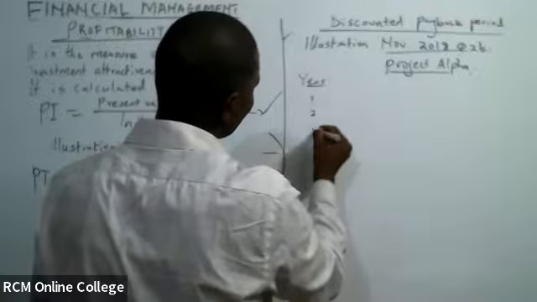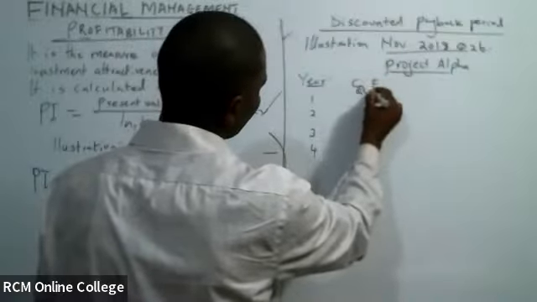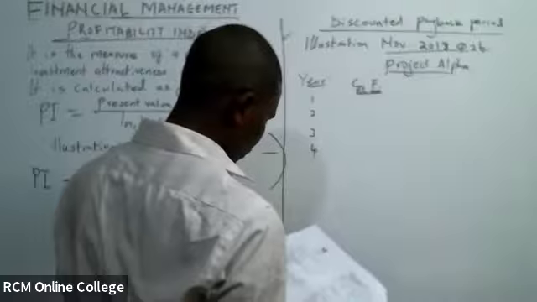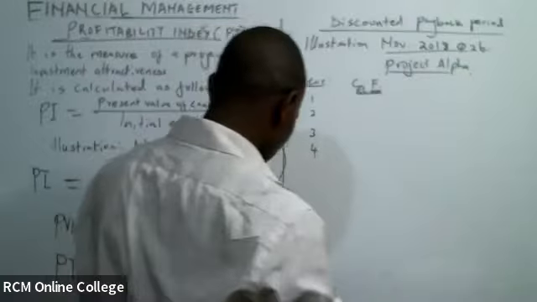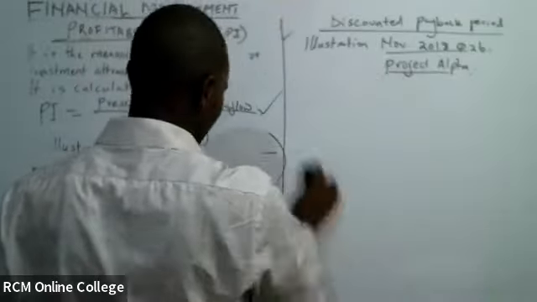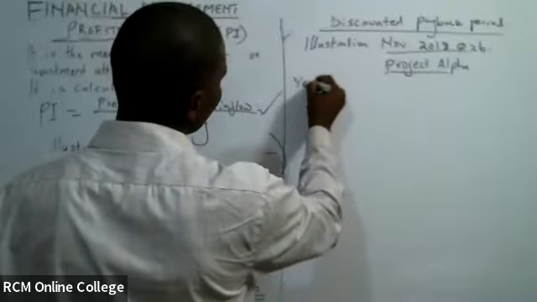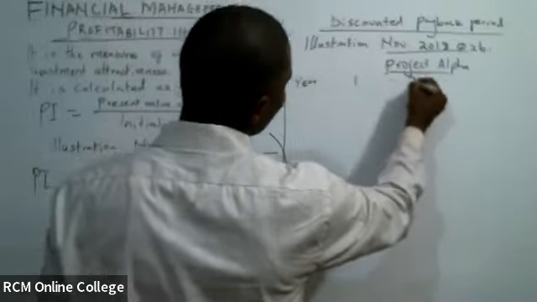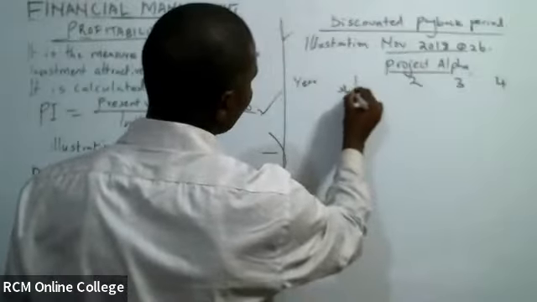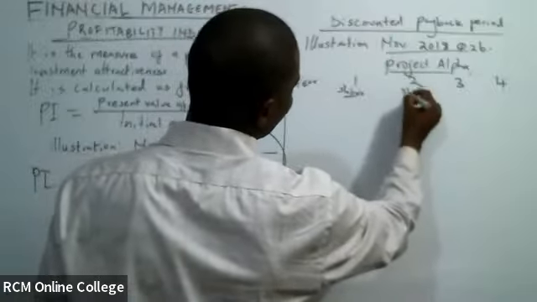Year 1, 2, 3, and 4. Then the cash flow here, in shillings 1,000. Let's use the other way. Let's use horizontal. Here, 1, 2, 3, 4. I think horizontal will help me to solve it correctly.